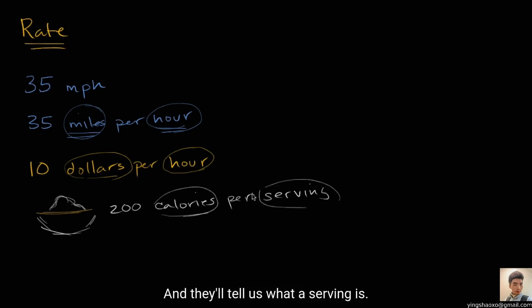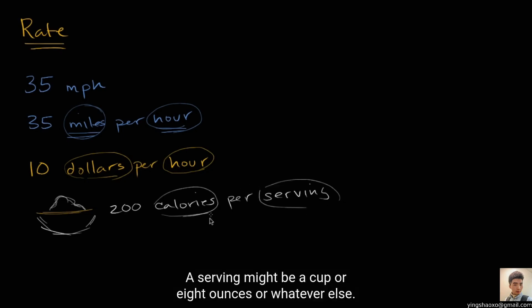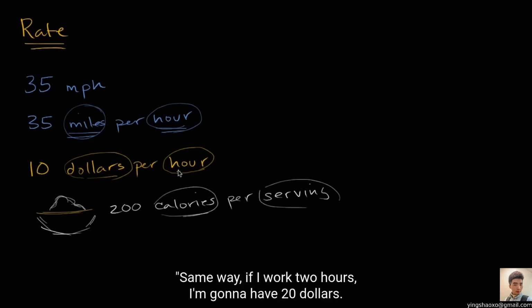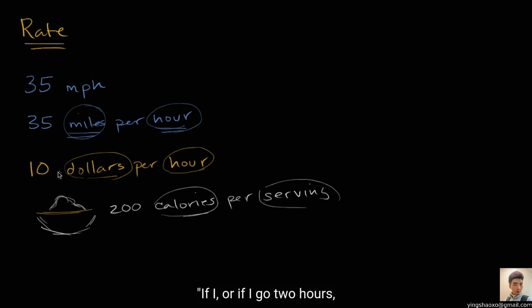And they'll tell us what a serving is. A serving might be a cup or 8 ounces or whatever else. And so I could say, okay, look, if I have 2 servings, then I'm going to have 400 calories. Same way if I work 2 hours, I'm going to have $20. If I go 2 hours, I'm going to go 70 miles. So rates give you a sense. It's like how fast is something happening, or how much of one thing is happening for every time something else happens.